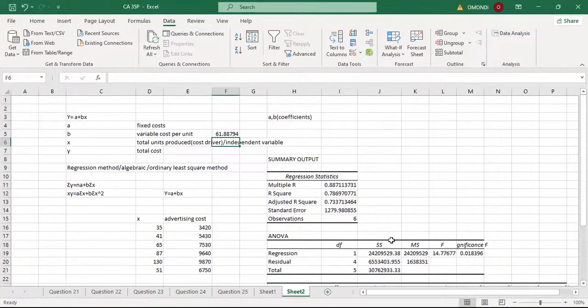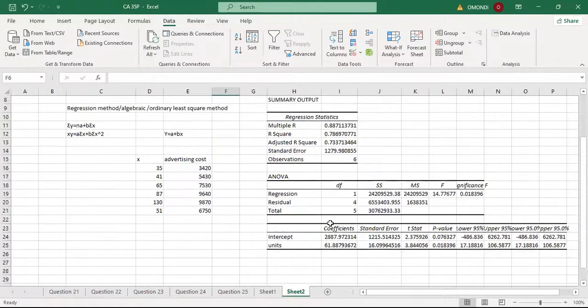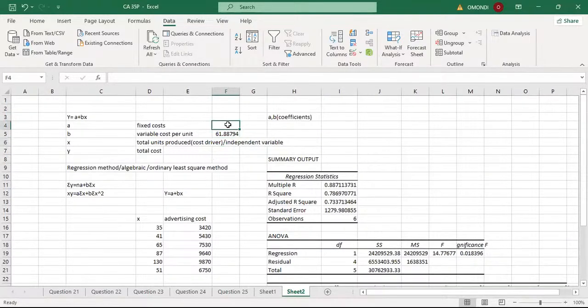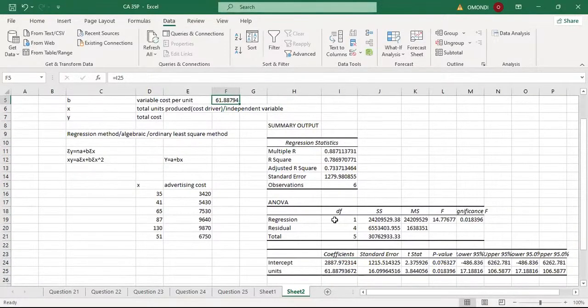Our fixed costs, whereby even if you produced 0 units, we will still incur that. Even if you produce 100, we'll still incur that fixed cost, is equal to the intercept. That is the slope of the curve.